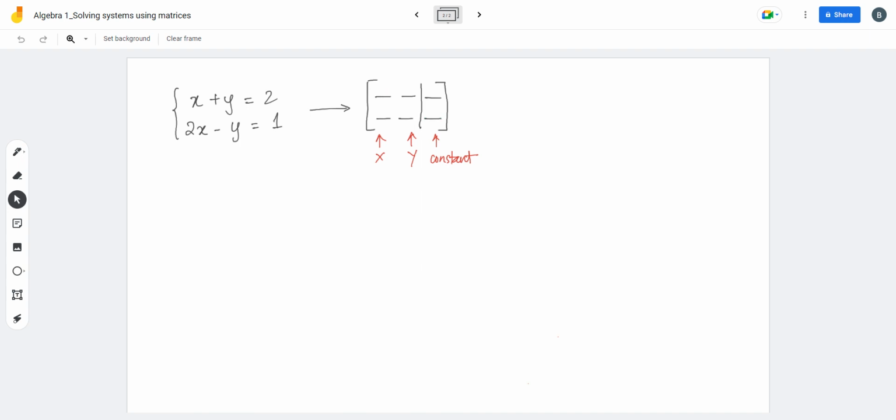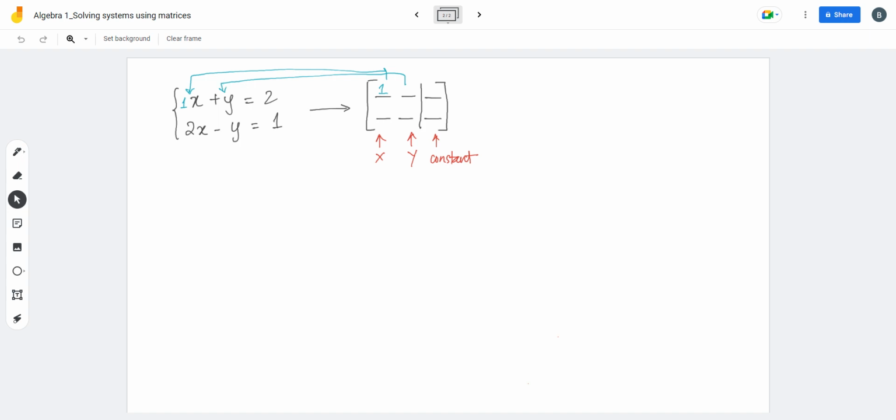So this position corresponds to this position here, which corresponds to this position here. What's the number in front of x here? 1, right? So you would write 1 over here. The same thing for this position, which corresponds to the y number here.